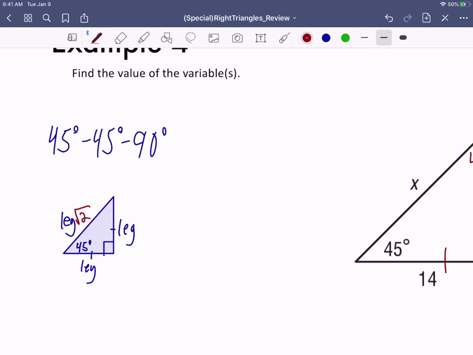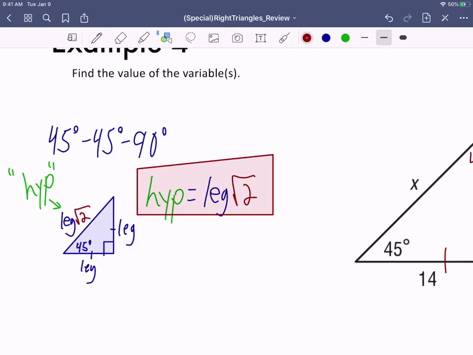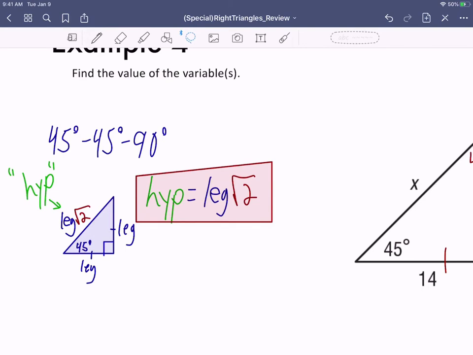We also know this as hyp, short for hypotenuse. So I like to just write down hyp equals leg times the square root of 2. I'm just using different colors to try to make it somewhat more interesting. All right, so that's the relationship.